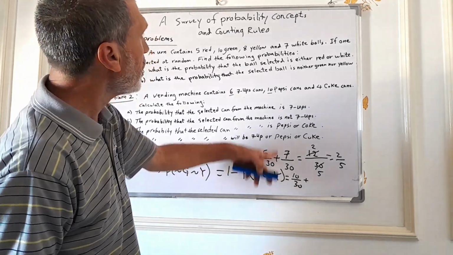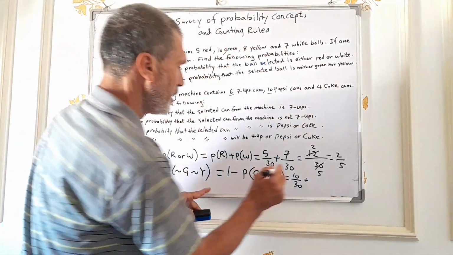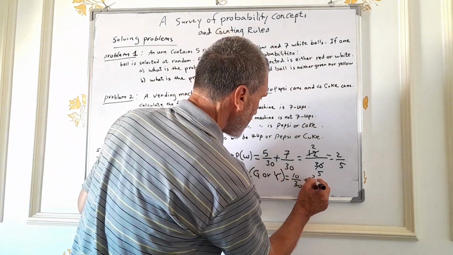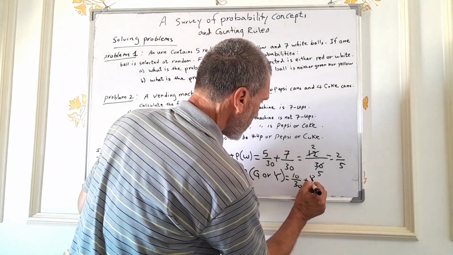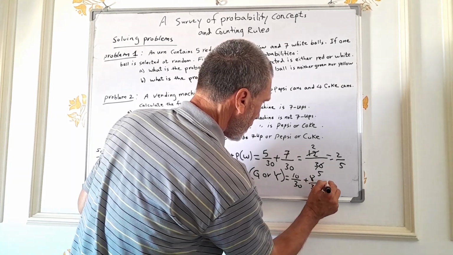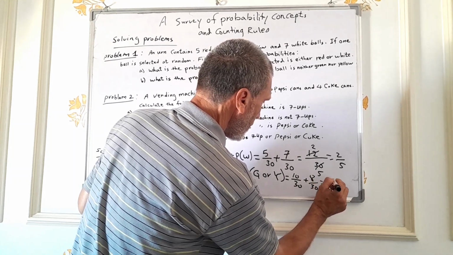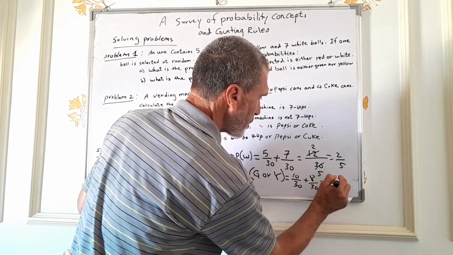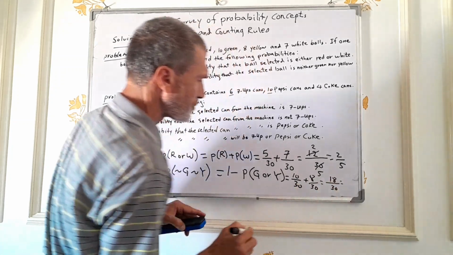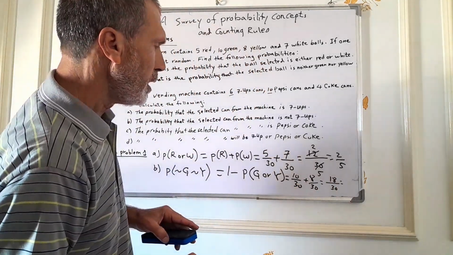Probability of yellow, we have how many? We have 8. Probability of green is 10 over 30, plus 8 over 30, we come up with 18 over 30.